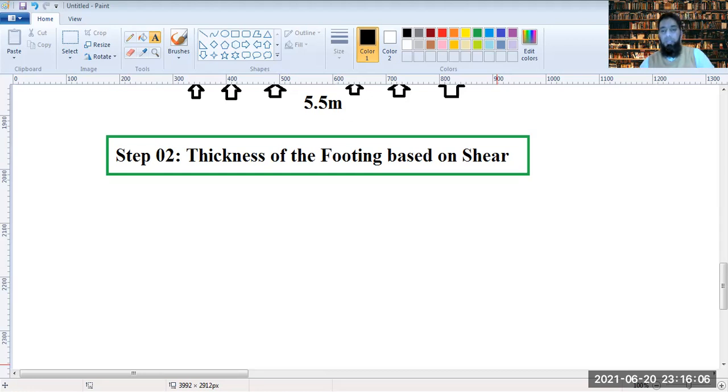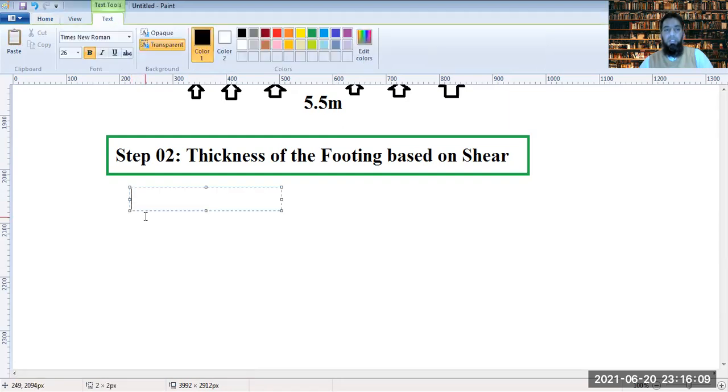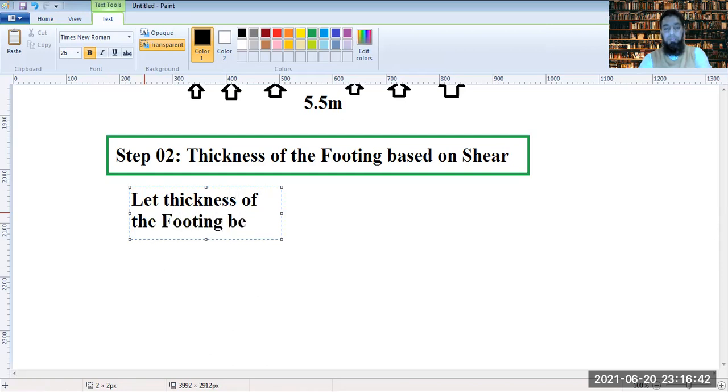So usually, as a thumb rule, while you are designing an isolated footing, you can start with a 300 depth footing, and you can go on. For simplicity's sake, let me at this stage take a 500 thickness. Let the thickness of the footing be 500.